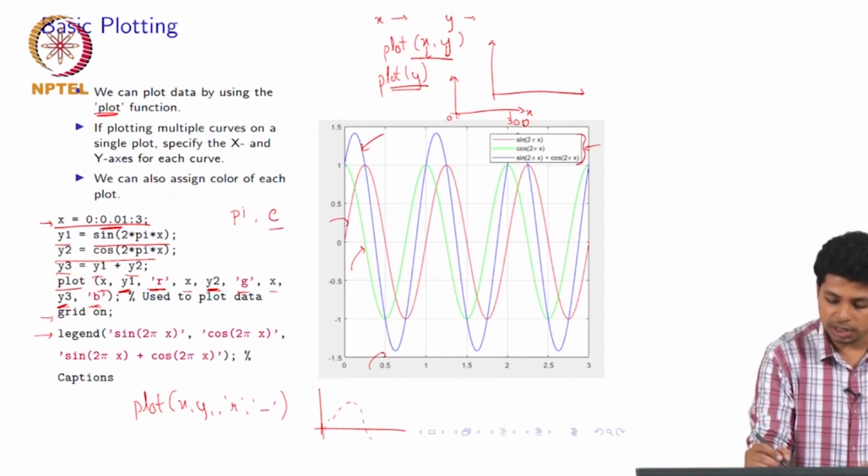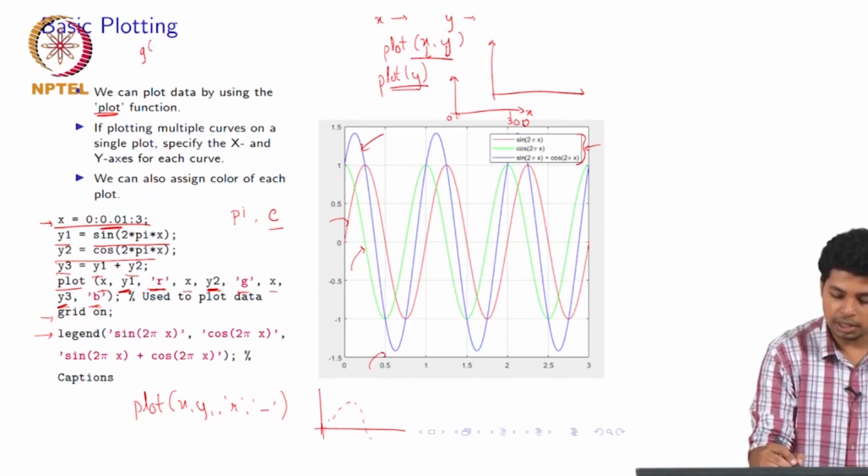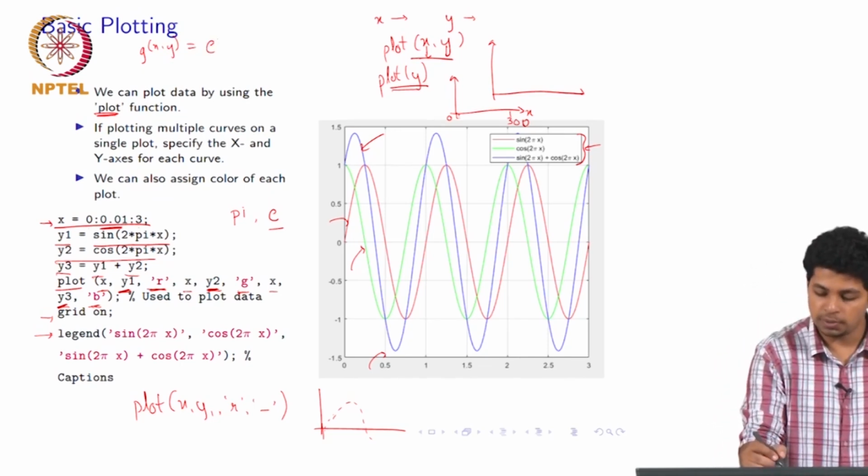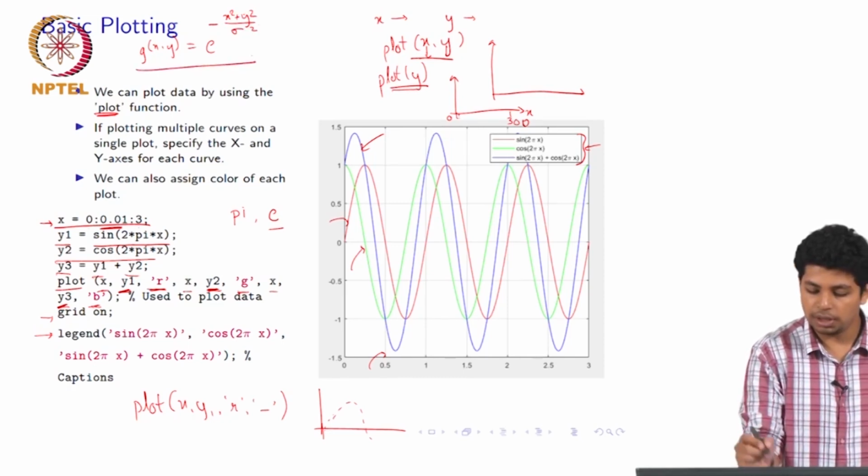If we have a Gaussian distribution in two dimensions, say I am storing it in g of xy. As we know, the equation of Gaussian is e to the power minus x square plus y square divided by sigma square. So this is the equation for a Gaussian.